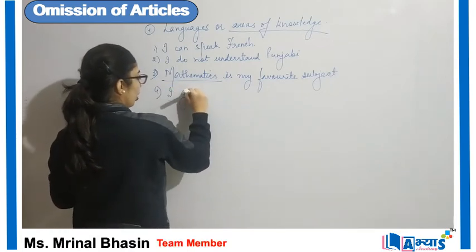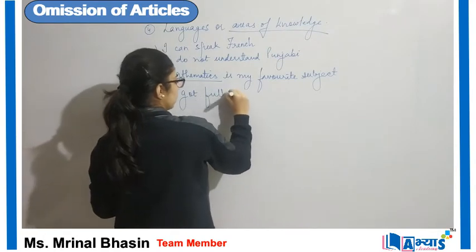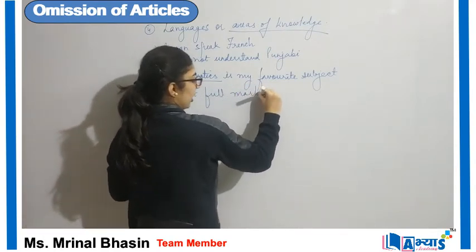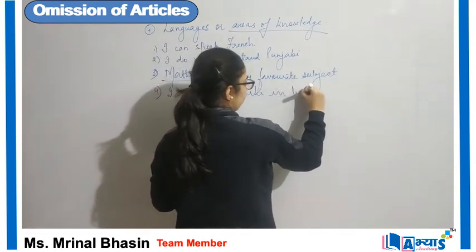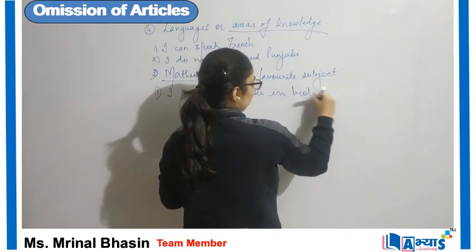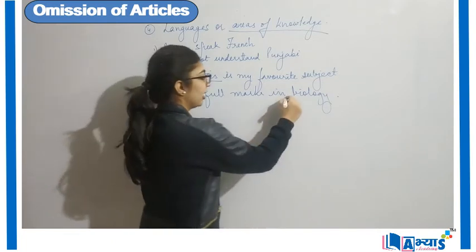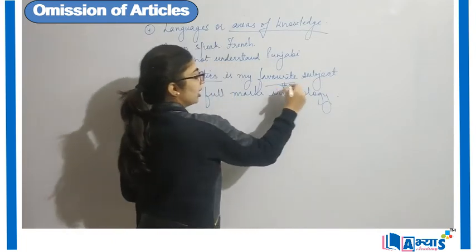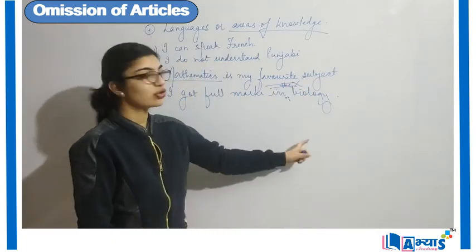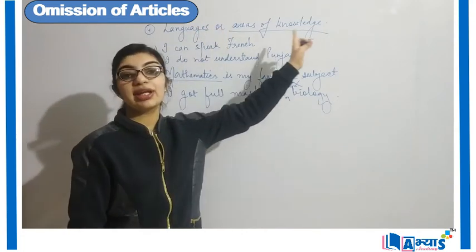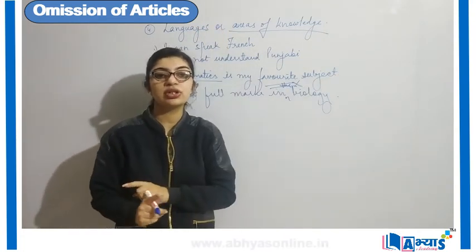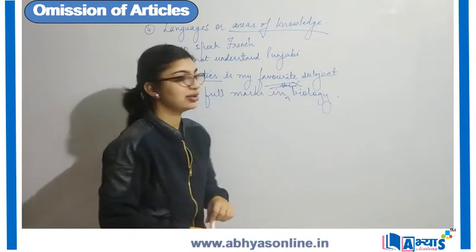I got full marks in biology. Now I will not say the biology, right? In the biology, this is wrong. So before languages or areas of knowledge, we do not use any kind of article.